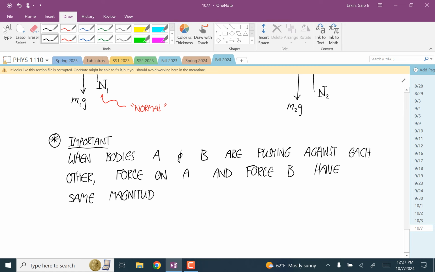And so what that means, practically speaking, is to use the same variable. Those values are going to be the same.